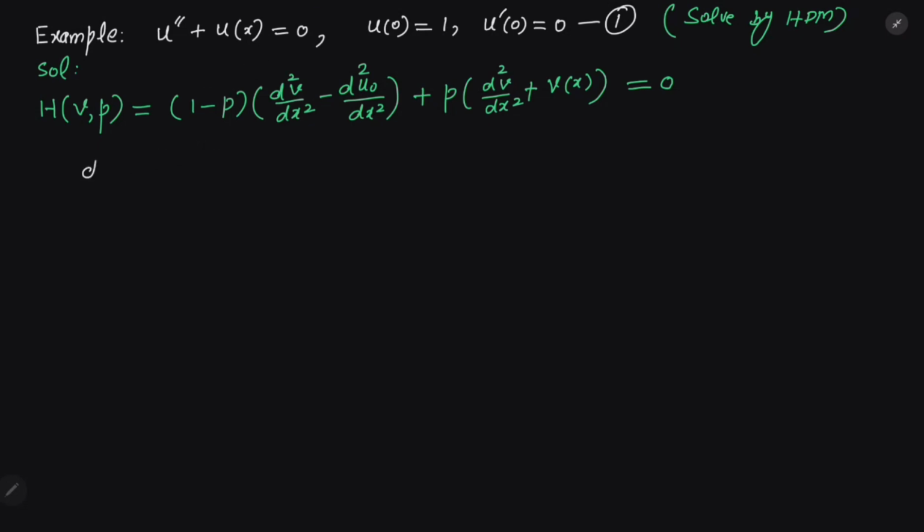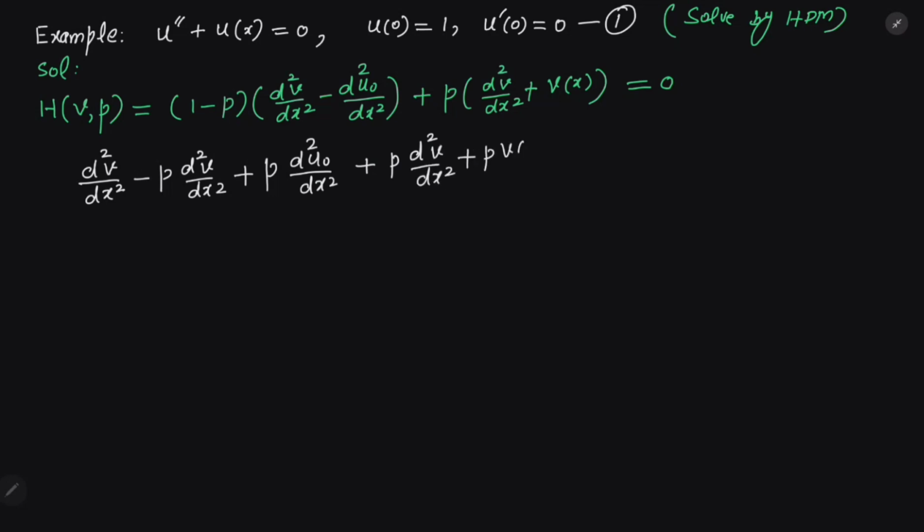We have, for example, d square v by dx square, then we have minus p d square v by dx square plus p multiplied with the second order initial guess, d square u naught by dx square, plus p d square v by dx square plus p v of x is equal to 0.